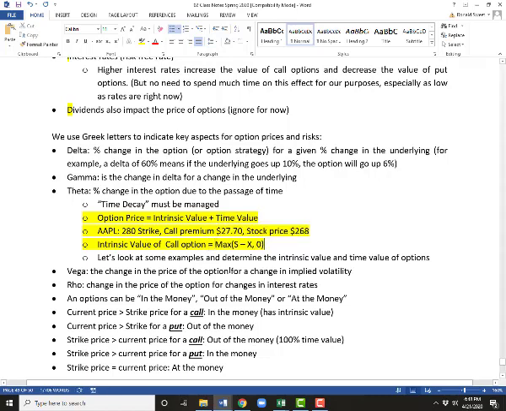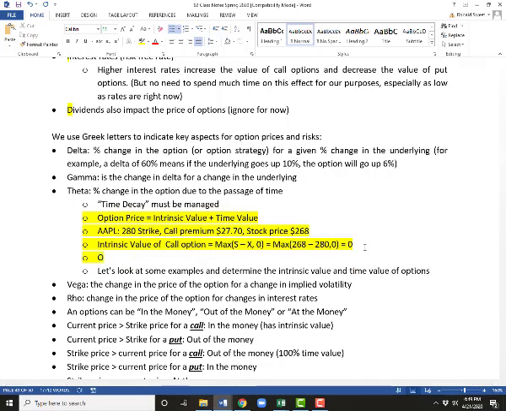Here we have the max of what S is, 268, the strike is 280, comma 0. What is that going to be? That's going to be 0. If the stock is trading less than the strike, the option has no intrinsic value.